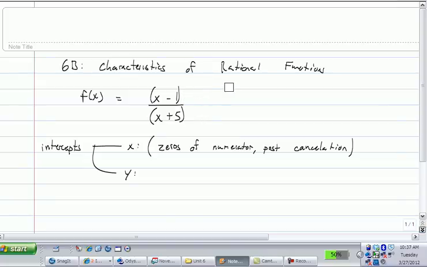That would make a hole in the graph. So what are the zeros of the numerator post cancellation? 1, 0. That just means you're looking for what values of x make the numerator 0. If you set the numerator equal to 0 and solve, you get x equals 1. So 1, 0.